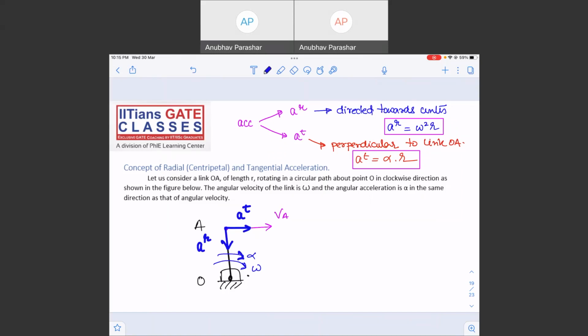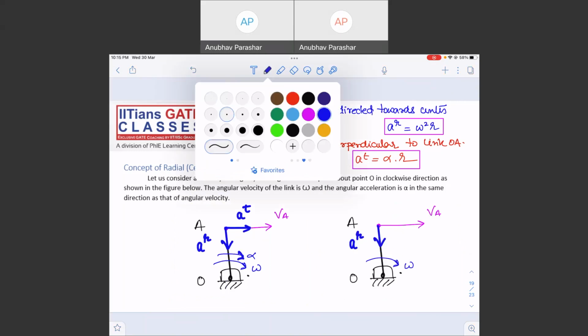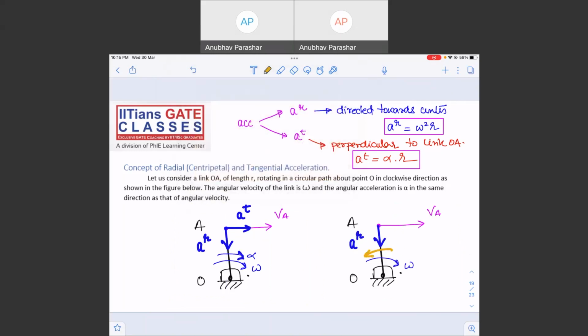If alpha is in the opposite direction, tangential acceleration will be in the opposite direction. In that case the velocity VA is decreasing with time.